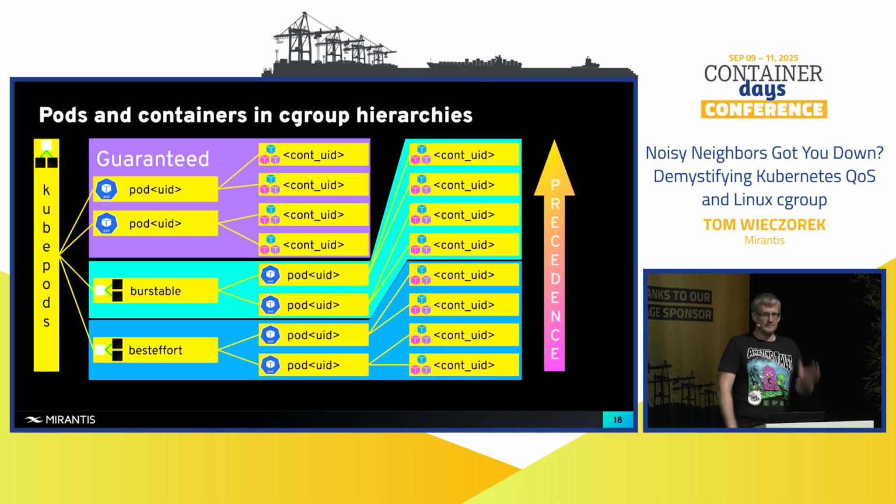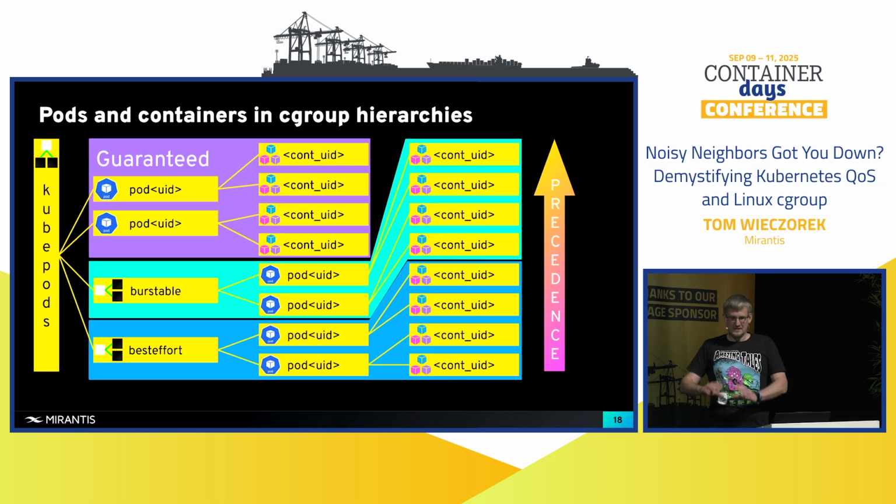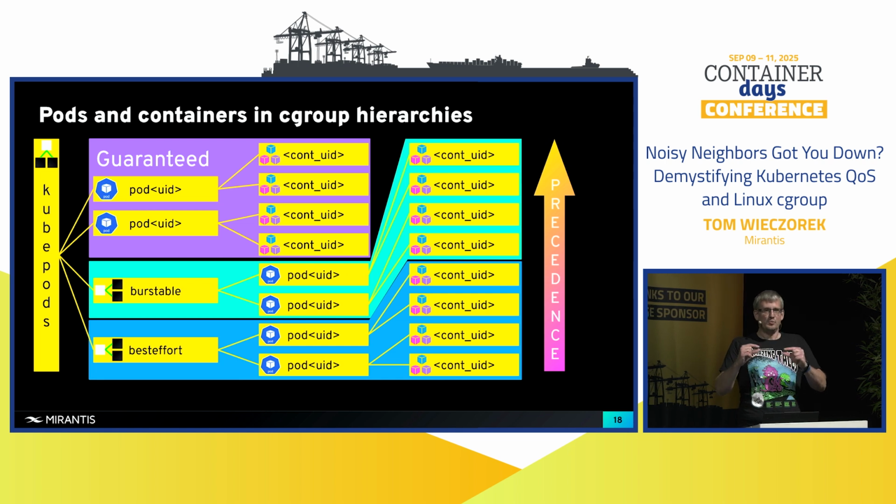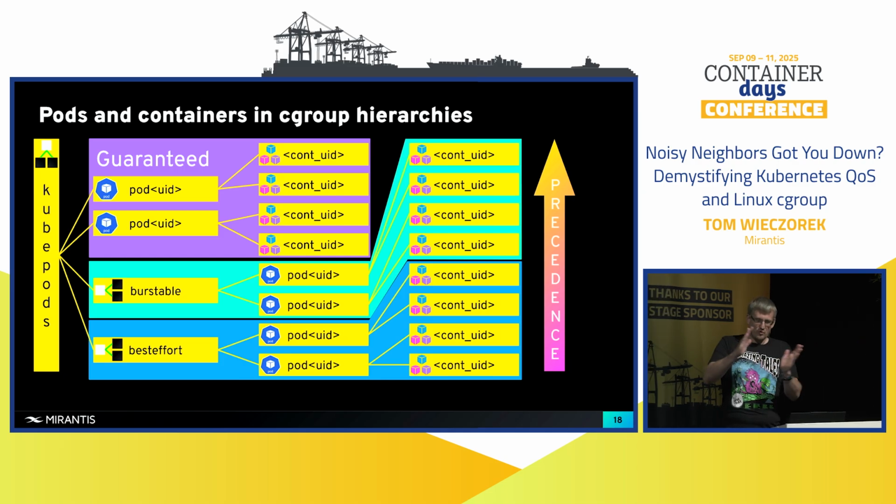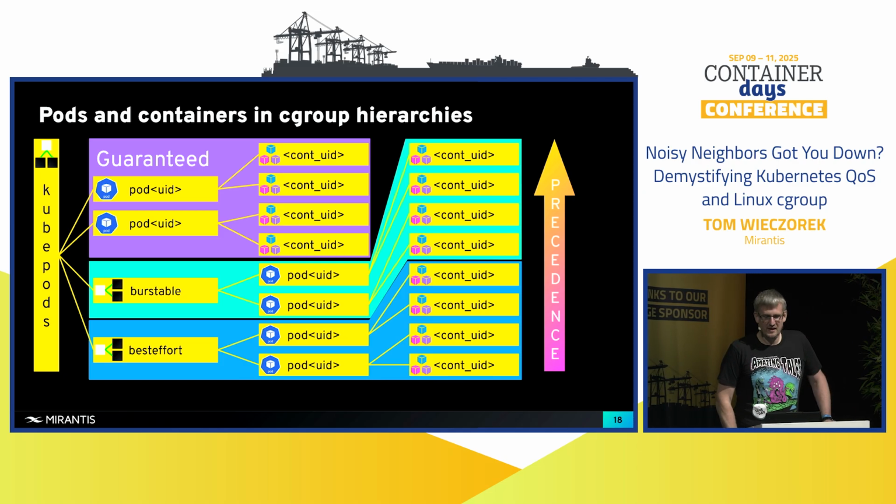The kubepods cgroup has a certain setting, and this is proportionally distributed amongst the sibling cgroups. That means all the burstable pods together are worth as much as one guaranteed pod. So this already constrains the resource allocation that burstable pods can get compared to guaranteed ones.